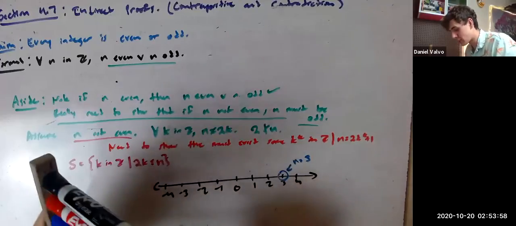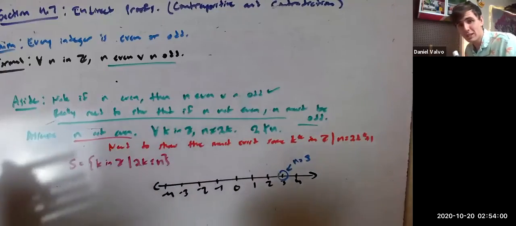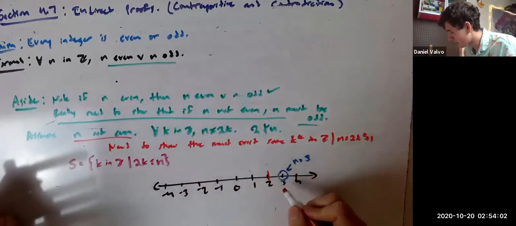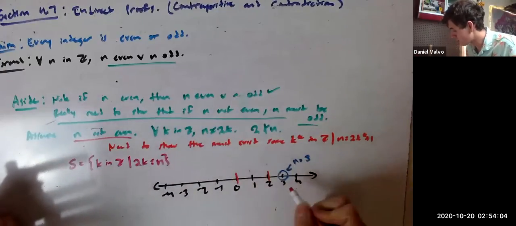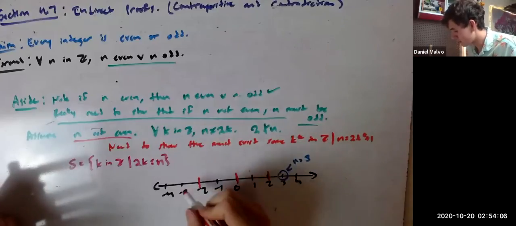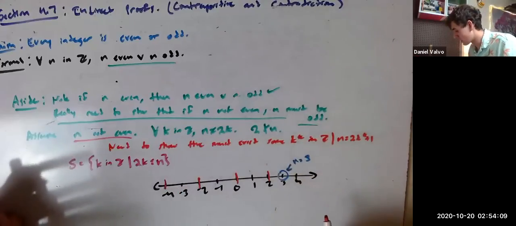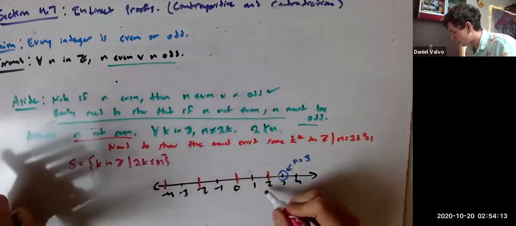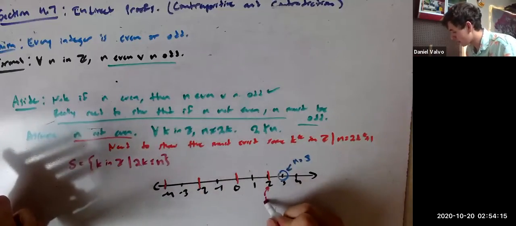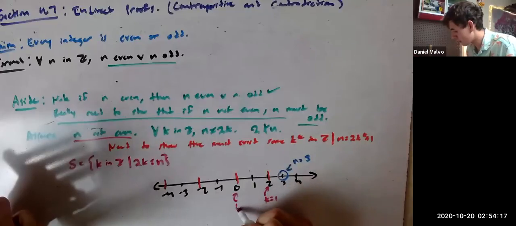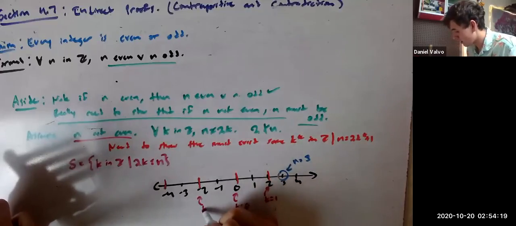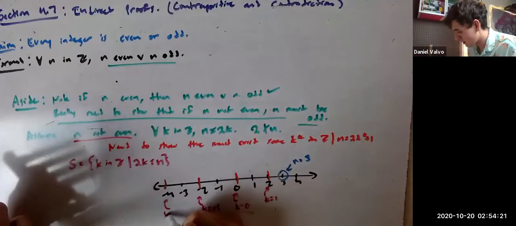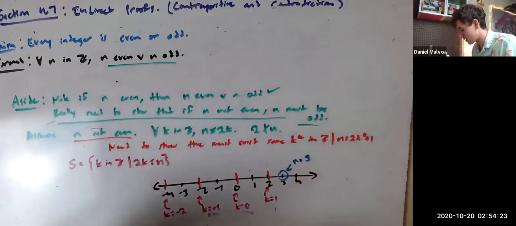So let's look at the 2k's. The 2k's are just the even numbers. So this is a 2k that's less than or equal to n, and this, and this, and this. And all of these have k's associated with it. Here, if 2 equals 2k, k equals 1, k equals 0, k equals -1, k equals -2.